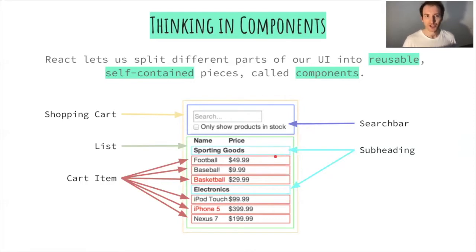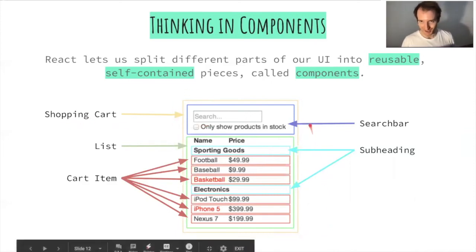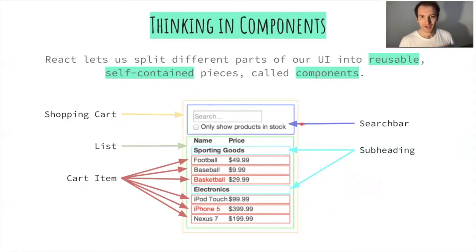For our shopping cart, we could have one component that houses absolutely everything. So a shopping cart component, we can imagine this as like the box around the outside of all of our components. And then inside that shopping cart component, we are creating a search bar. And that search bar, maybe that is even broken down into more components, like a text input and a button and a label, perhaps.